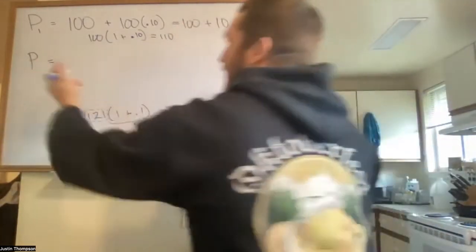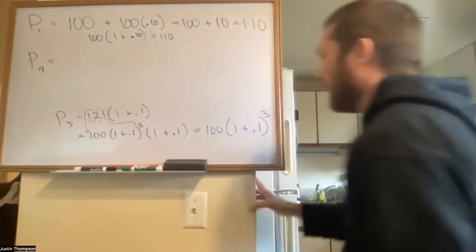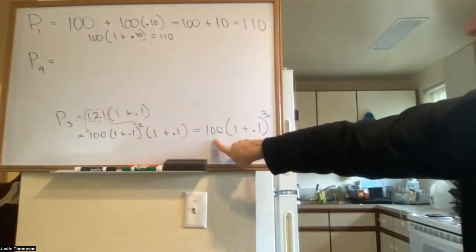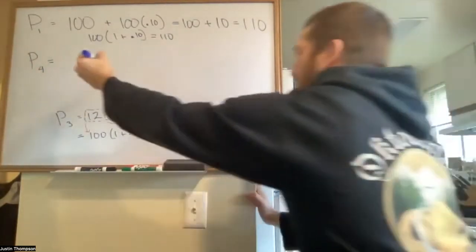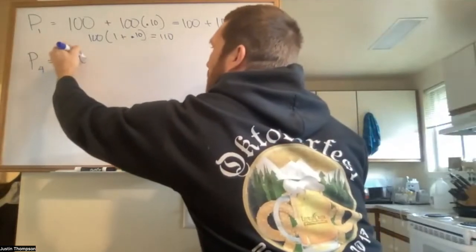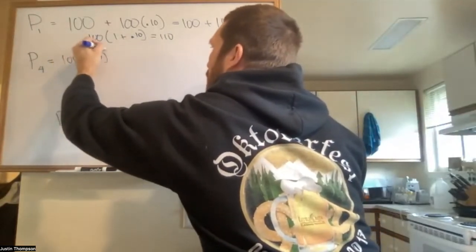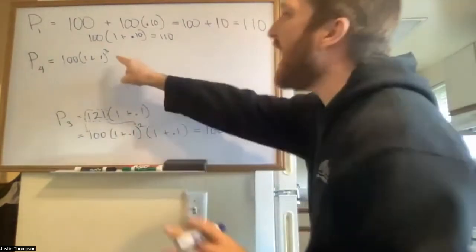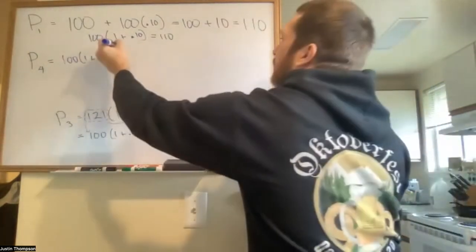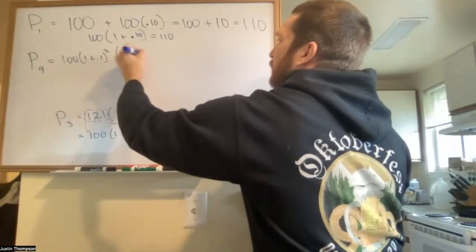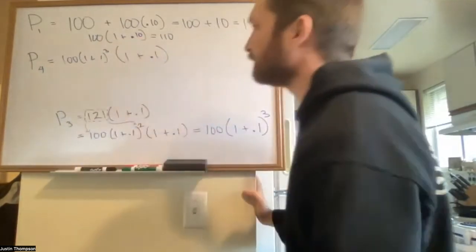How much would I have the next year? Well, I would take whatever amount I had in the previous year, which happened to be 100 times 1 plus 0.1 cubed. I would take that and multiply it by, lo and behold, the same amount, 1 plus the rate.